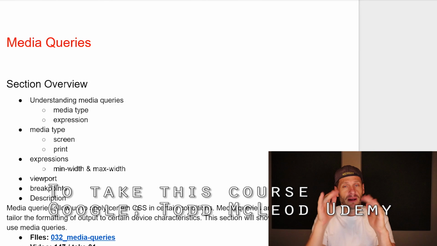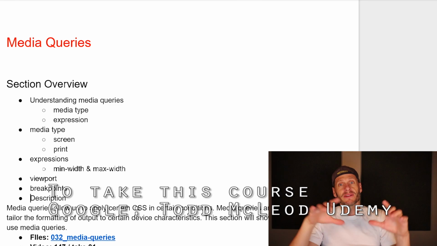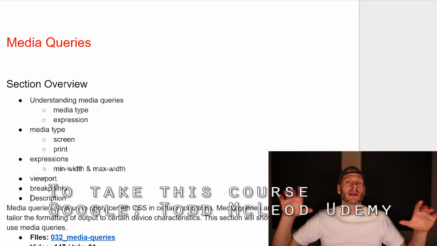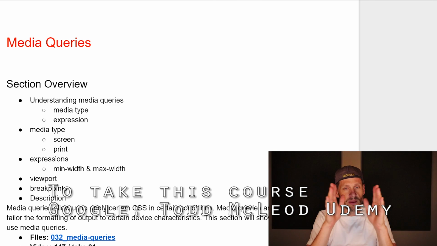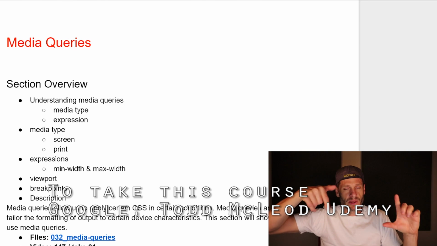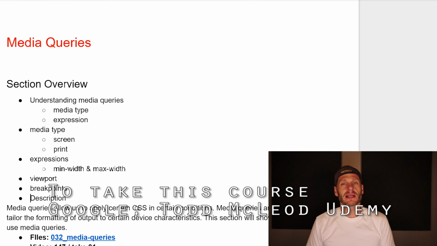If it's a little bit bigger, like a tablet, then we apply this other CSS. And if it's a desktop, at different viewport sizes, depending upon the size of the browser window, we could apply different CSS formatting. So that's what a media query is.